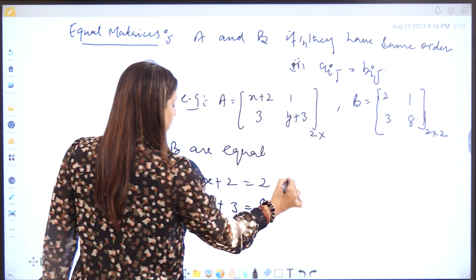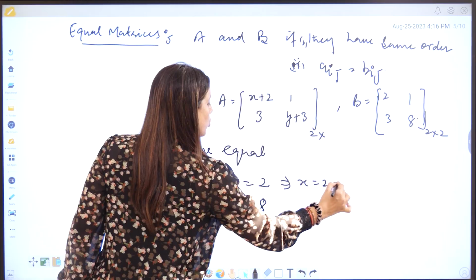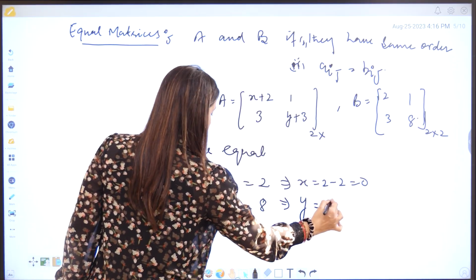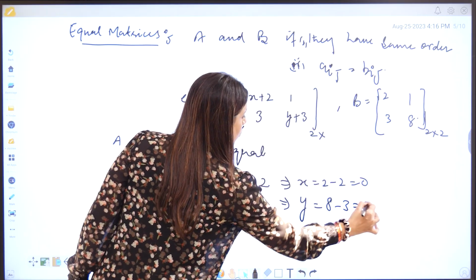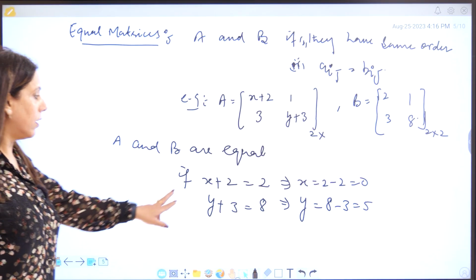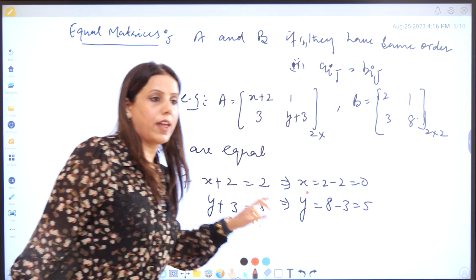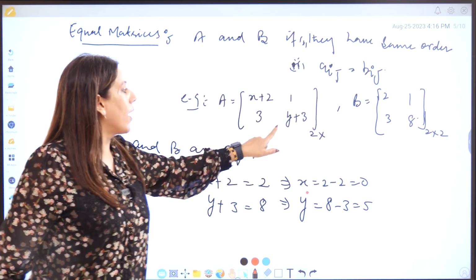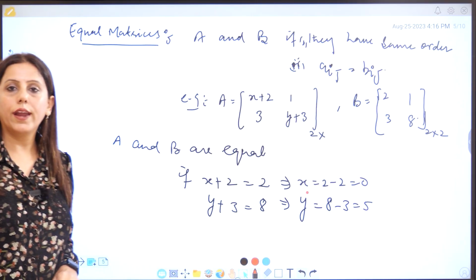Right? I can write it x is equal to 2 minus 2, which is equal to 0, and y is equal to 8 minus 3, that is equal to 5. I get the value of x and y when I say x plus 2 is equal to 2, y plus 3 is equal to 8.